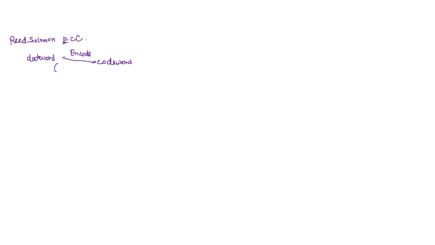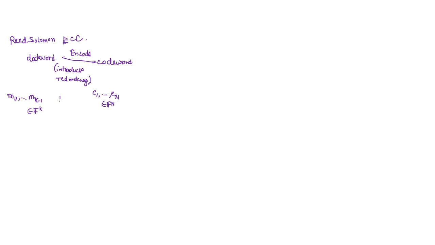This basically introduces redundancy. What we mean by that is, your data word may contain only k elements from some field F, and when you convert it to a code word by the encoding mechanism, it maps to n field elements.